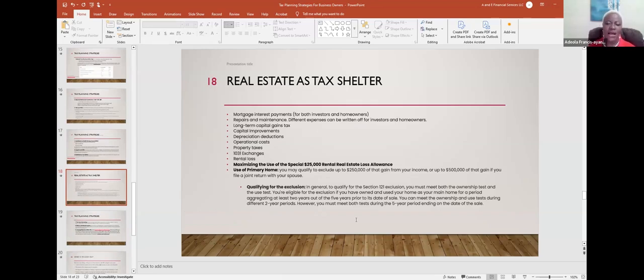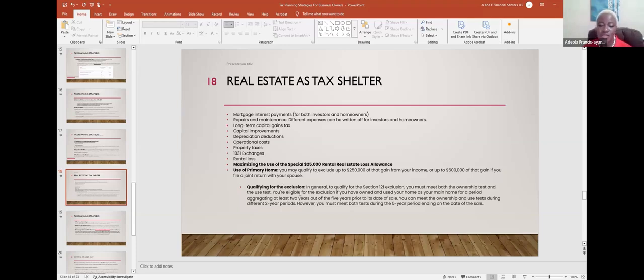Because a lot of things in real estate are practically deductible, your mortgage, your repairs. Every single thing that you spend on your real estate is tax deductible, and it can help you lower your tax liability. And also, as a high-income earner, there is a special rule that allows you to take up to a $25,000 deduction to lower your taxes.